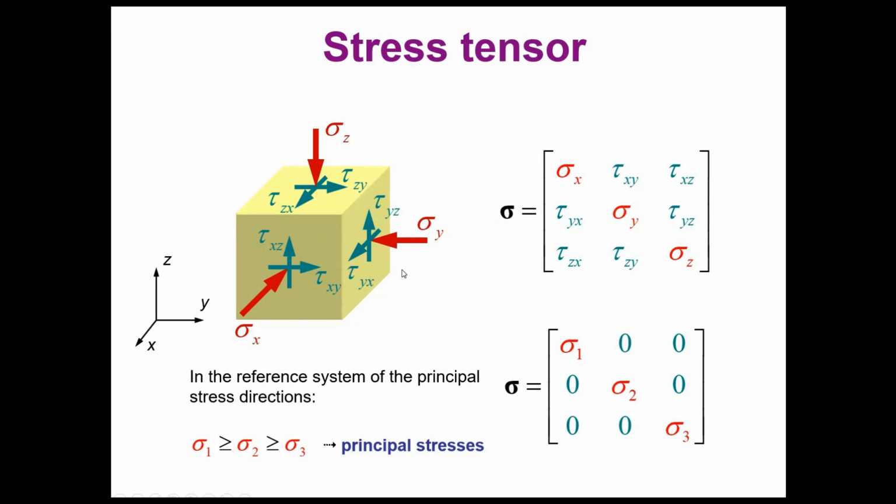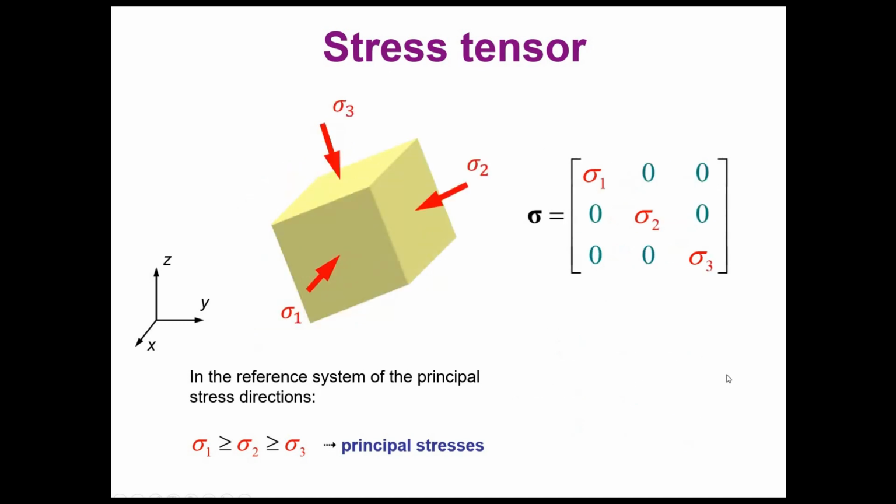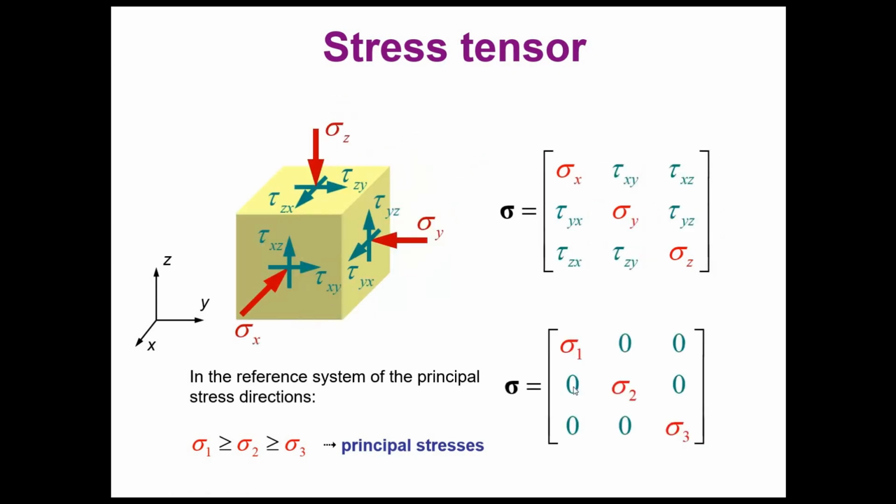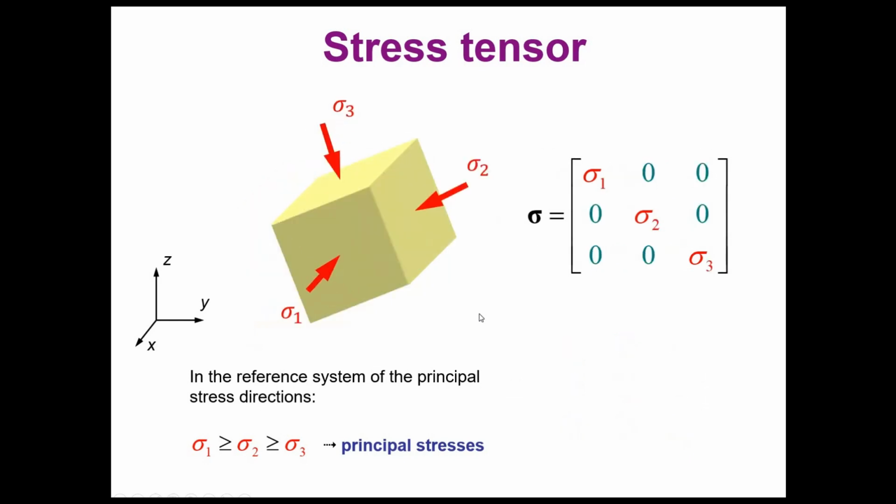And there is a system of principal stresses that you know, because you studied this before. If you start rotating the initial cube with the axial stresses and shear stresses, sooner or later you will find the direction of the principal stresses, where the axial stresses are maximum and the shear stresses are equal to 0. This is the characteristic that the stress tensor presents, the Cauchy stress tensor we usually use in our applications.